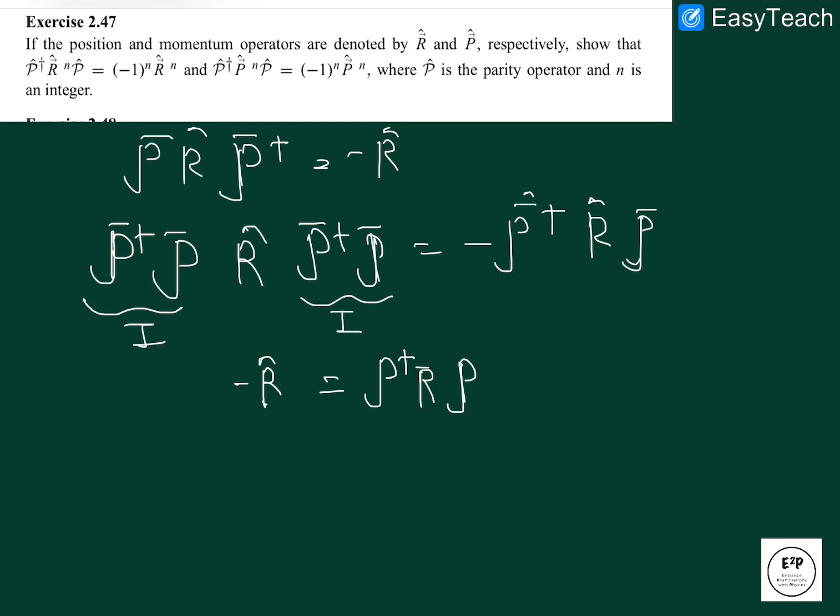Now we have to find P dagger r to the power n P, or say parity. There is a bit of confusion with writing parity and P dagger, so please bear with that.